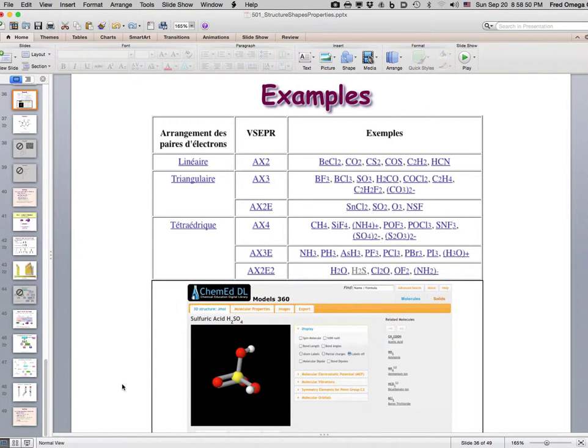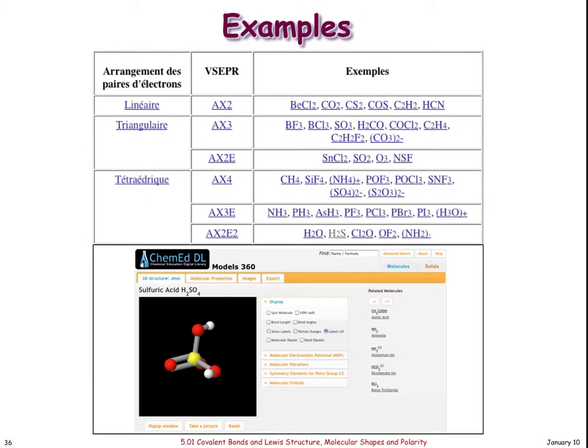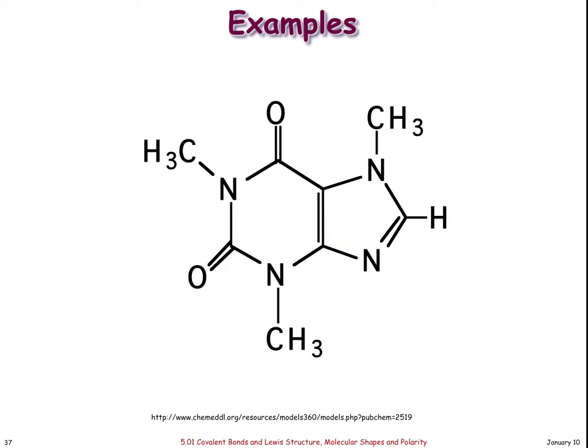So let's go back. Let me show you this series of exercises right here. I believe this is caffeine. The question is, this is a very complicated structure, but what is the molecular geometry around each of these central atoms?